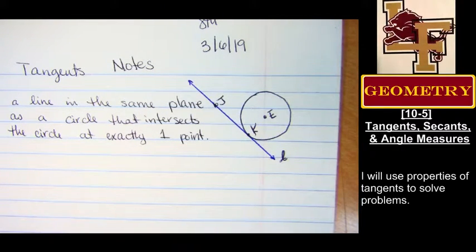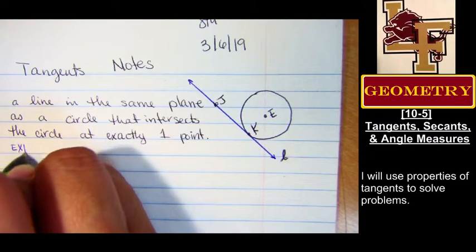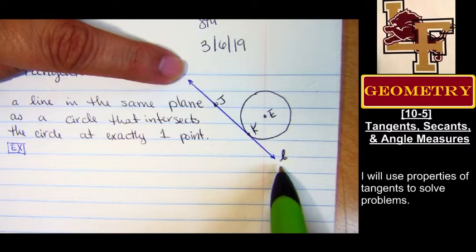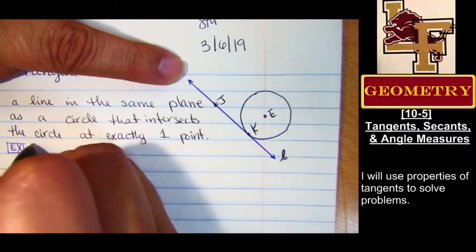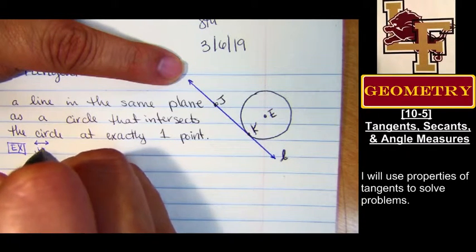All right. So let's write the name of the line that is tangent to our circle. So this line is the one tangent to the circle, and I can name it JK. Note the little symbol for line that I'm writing above the letters JK.